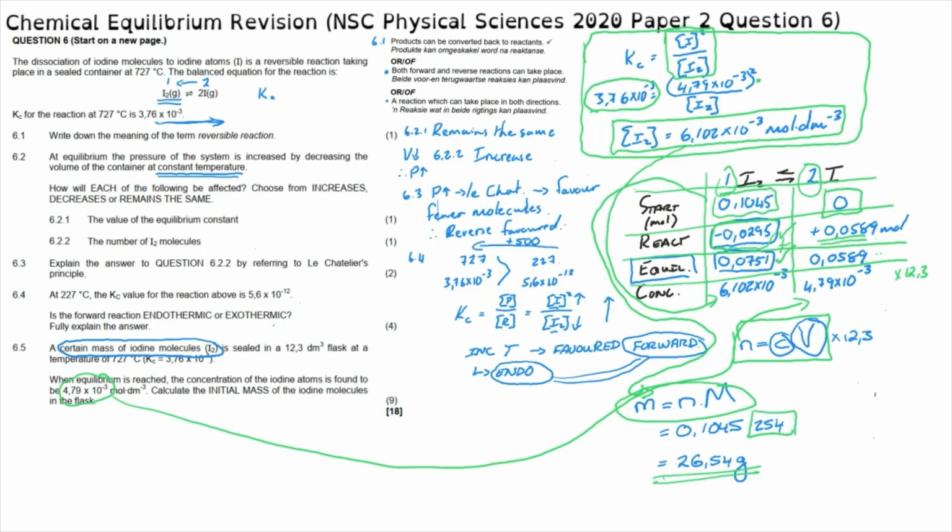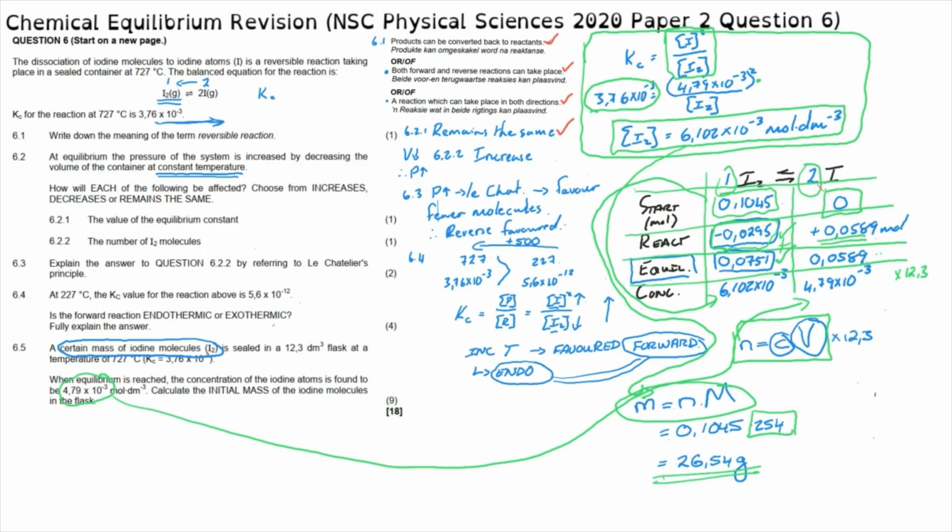A question like this is marked according to the guideline document. For the meaning of the term reversible reaction, because it is not a definition as required by the guideline documents, there are a number of options that are accepted as correct. For 6.2.1, there's one mark for noticing that Kc only changes when the temperature changes. This pressure change, therefore, means that Kc remains the same.